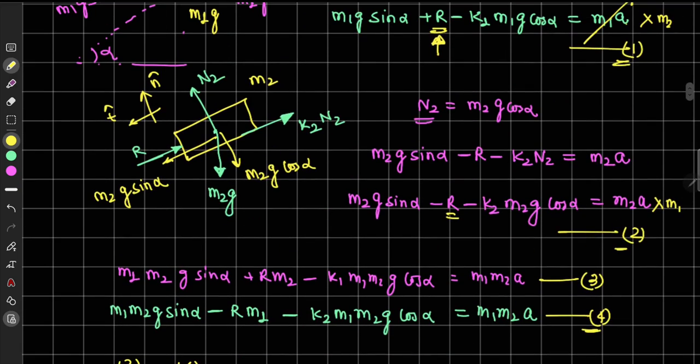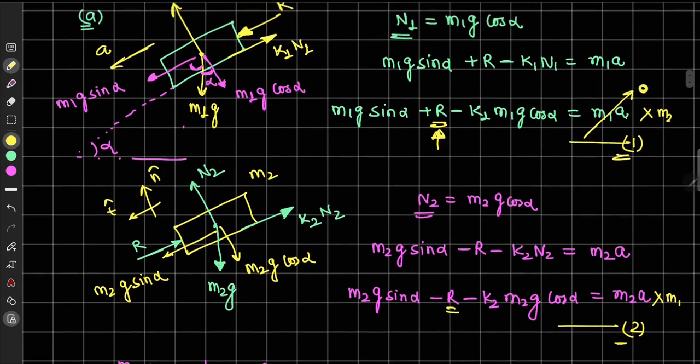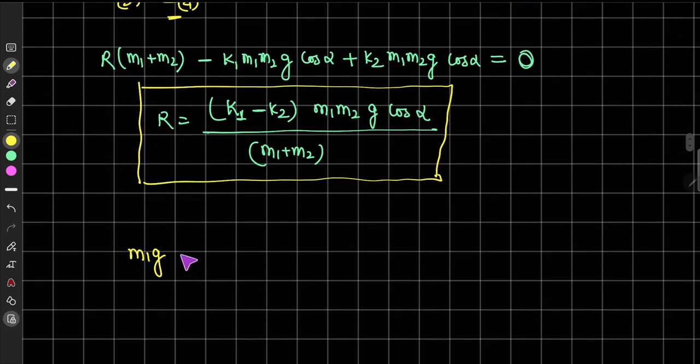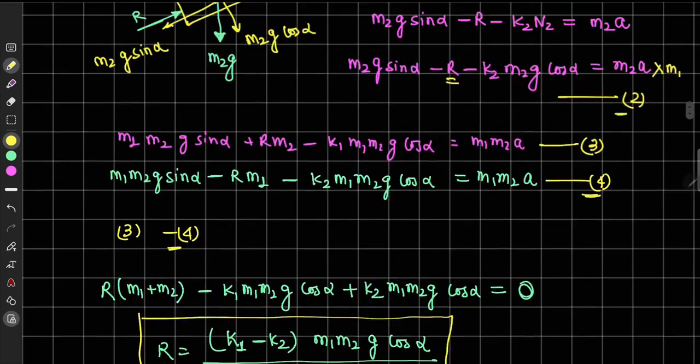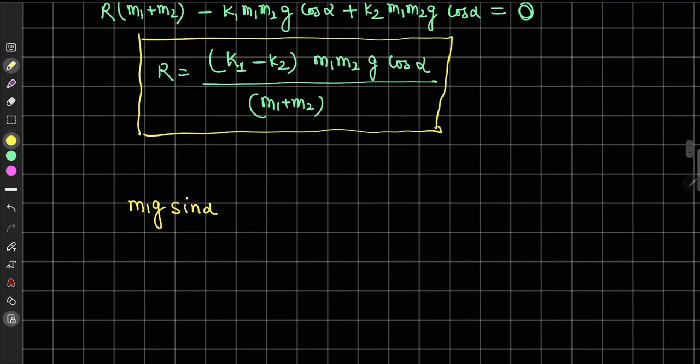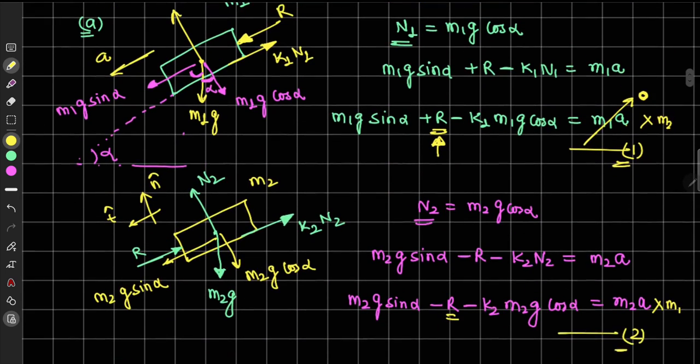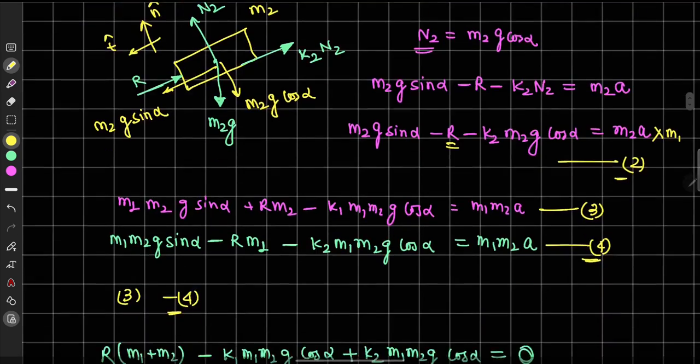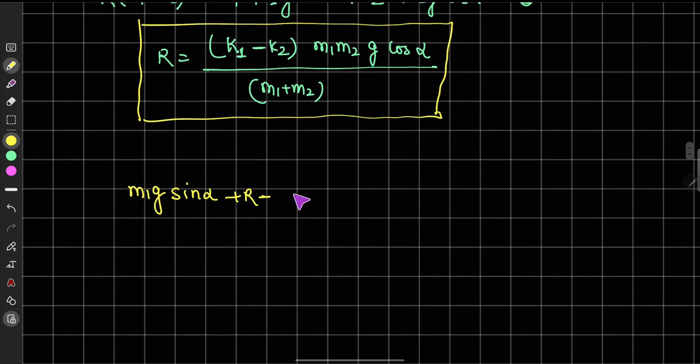m1 g sin alpha + R − k1 m1 g cos alpha = m1 a.